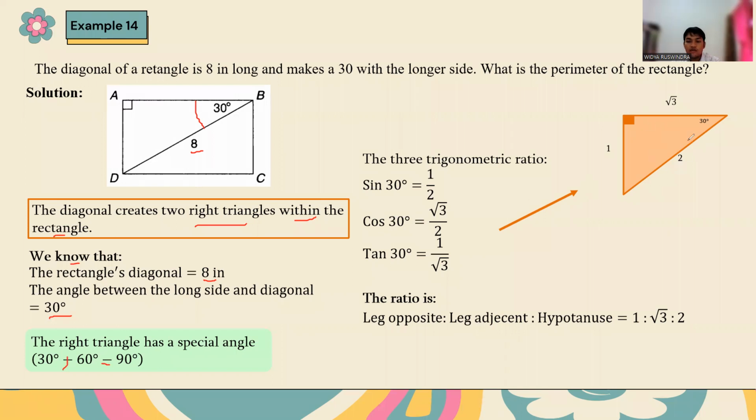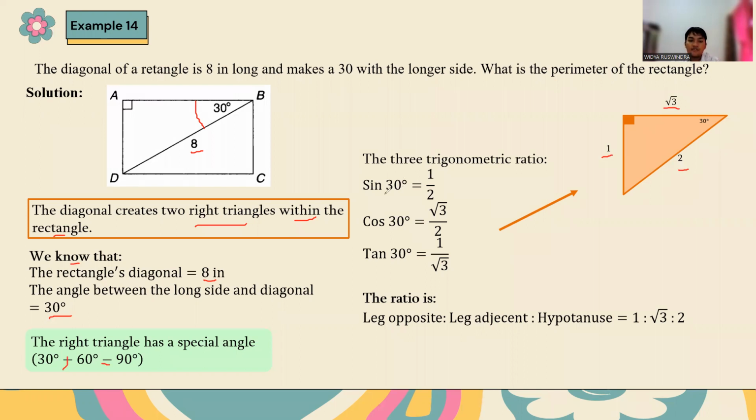If the triangle has hypotenuse 2 and opposite side 1, the adjacent side will be square root of 3.